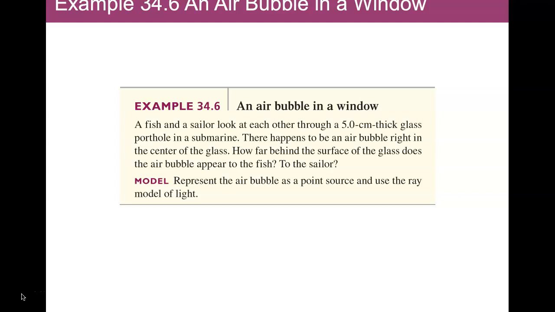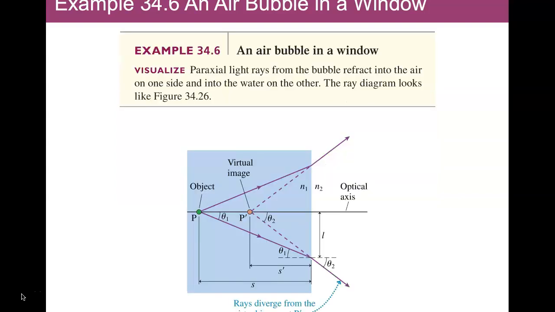All right, so yeah, pause the video, and when you're ready, come back, we discuss the solution. All right, so this is a direct application of the formula we just discussed, right? So from the point of view of the sailor, let's say the sailor is here. The air bubble, which is an object inside the glass, is going to appear closer to the sailor.